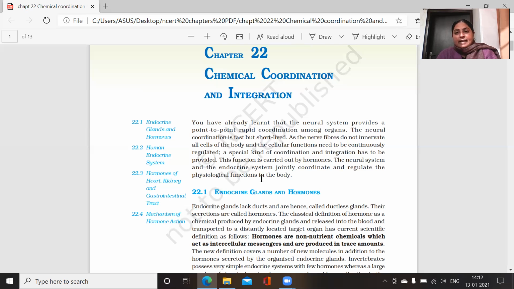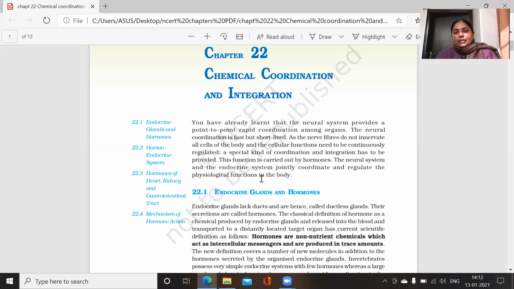The chief components of the endocrine system are, instead of cells, the glands. These glands produce certain chemicals and pour their chemical secretions, which are called hormones, directly into the bloodstream, because these endocrine glands are ductless glands.